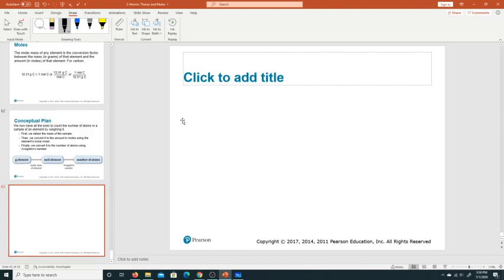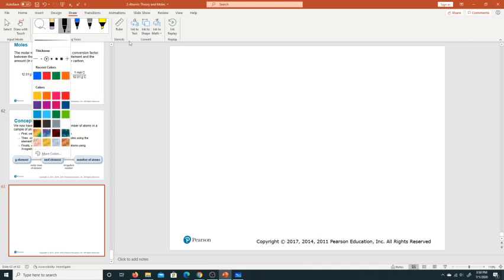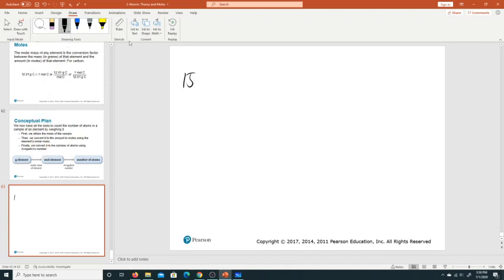So let's say we're given 150.0 grams of aluminum. I want to convert that to moles. If you look at the periodic table, it's atomic number 13.